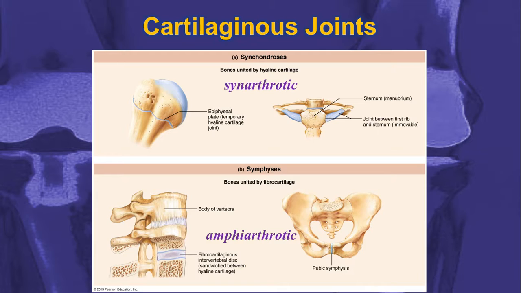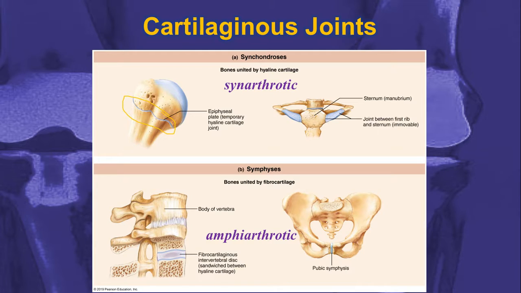So the two epiphyses and that diaphysis. So there's three different bones. And there is cartilage between the epiphysis and the diaphysis. So it is a cartilaginous joint. Cool stuff, right? So there is a joint right there between the diaphysis and the epiphysis.